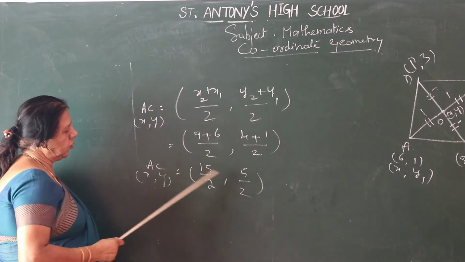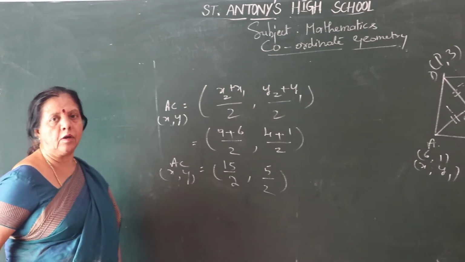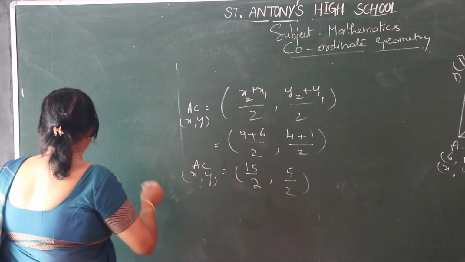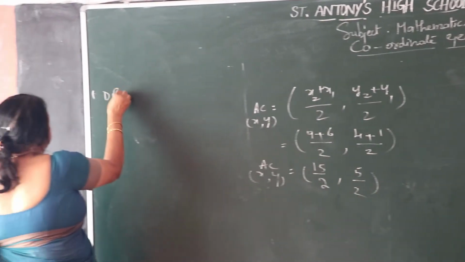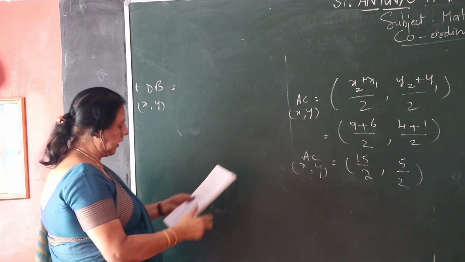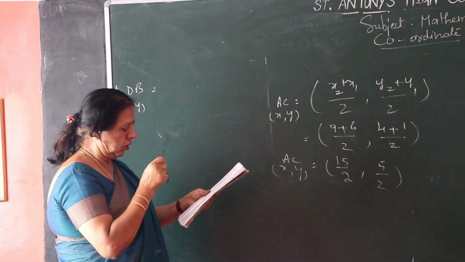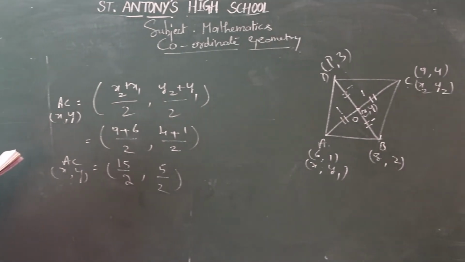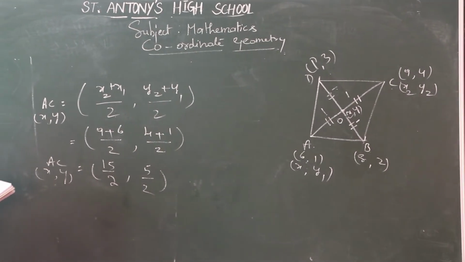So you substitute, these are the quantities you got. Another diagonal. What is the other diagonal? DB is there. For DB, once again x and y. What is DB? They have given. So you see the points once again. DB also we have to take.